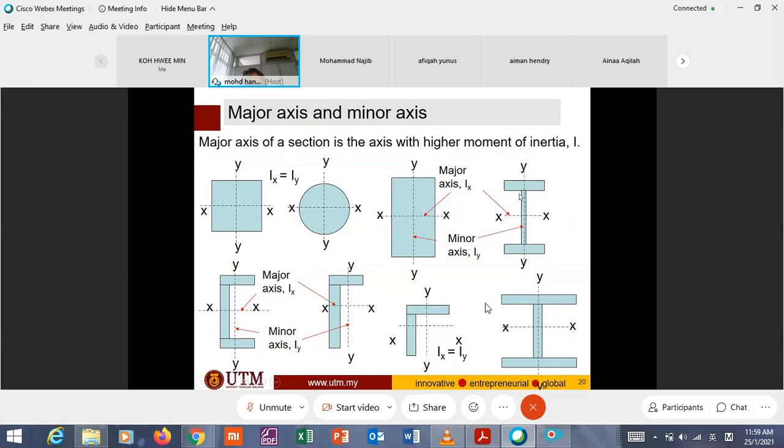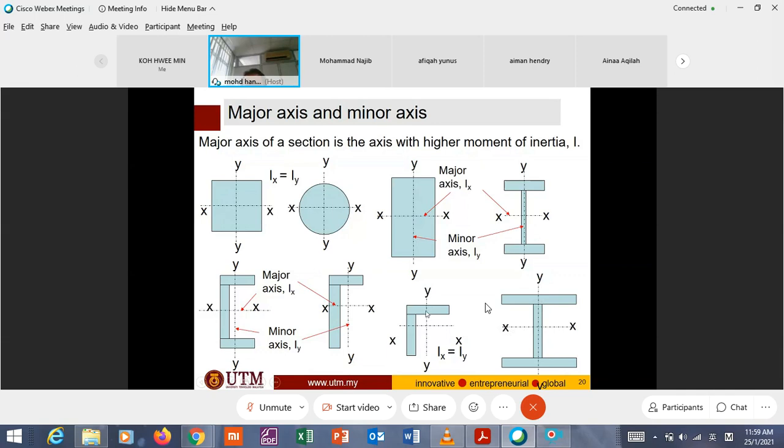Actually, this one is for beam, this one is for column. This one is for column, or also for piling. For the H section, normally Ix and Iy are quite similar. Ix is a little bit larger than Iy, but approximately about similar.